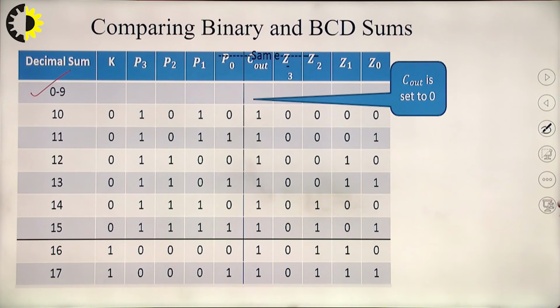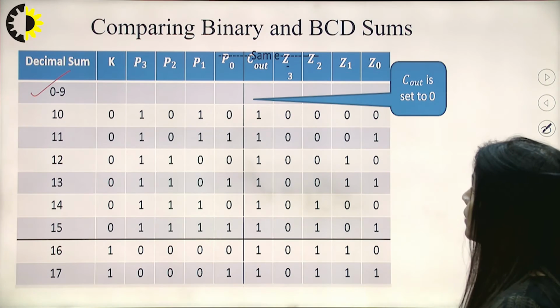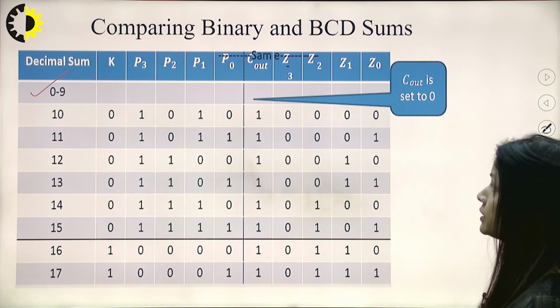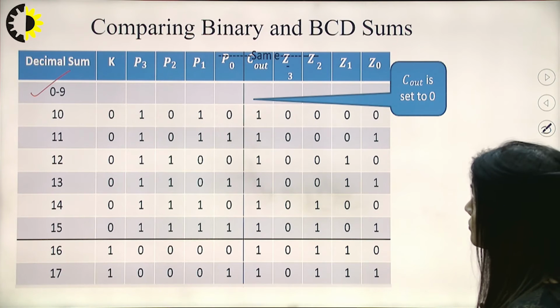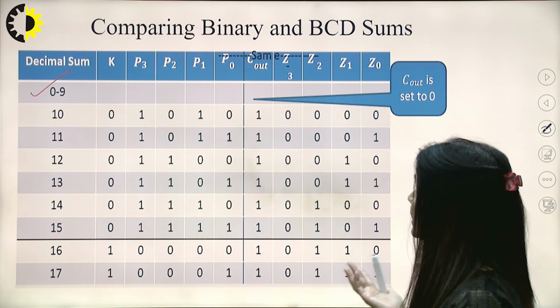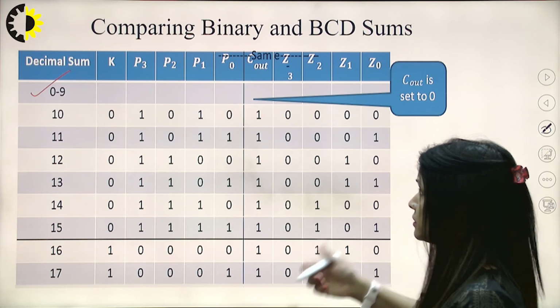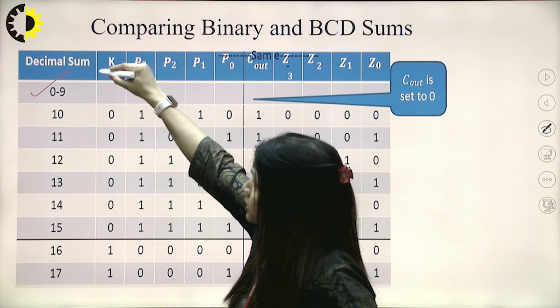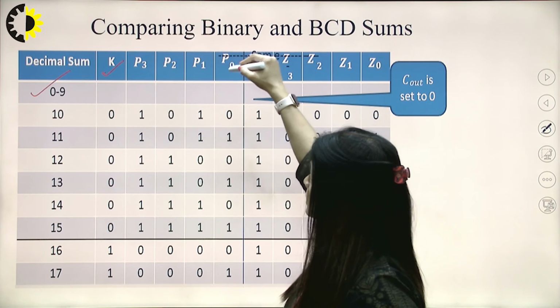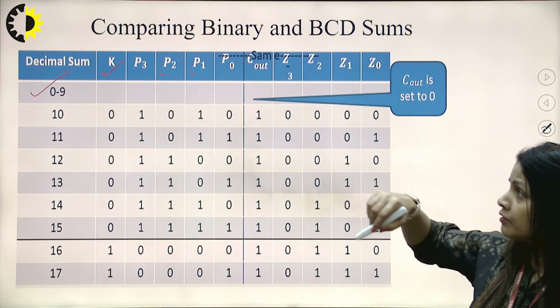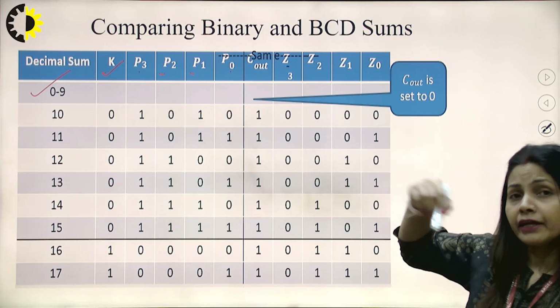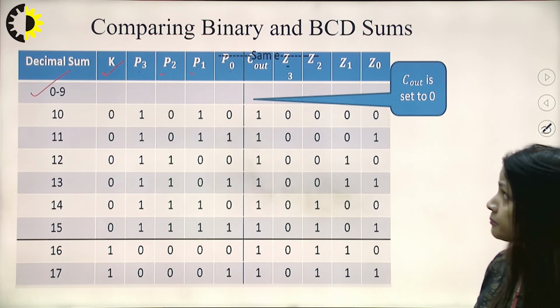Now the corrective action. For corrective action, what would be the carry in all the cases whenever we are adding? Here, let's say we are adding a 6 to this. So this is the K. Let us consider P0, P1, P2, P3 is the answer which is coming out whenever the sum is greater than 9.